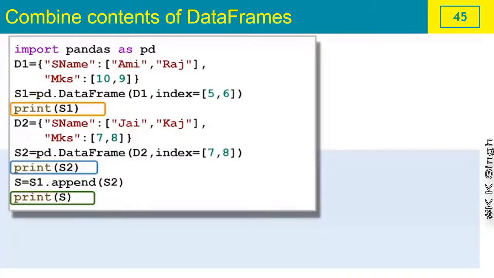So see here we have a dictionary, and in the dictionary we have keys like S name and MKS.